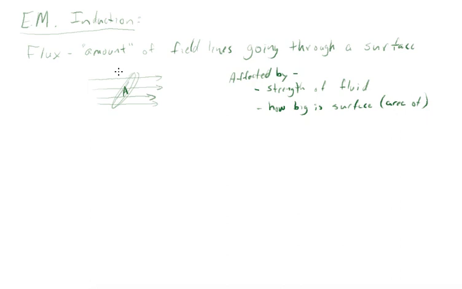And then the last thing is the orientation of the surface. You can imagine if this was my loop, and this is kind of my above view, and my loop is like that, then I'm going to get a little bit of flux.